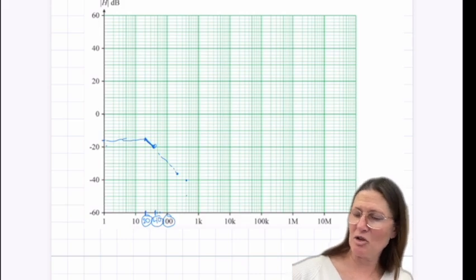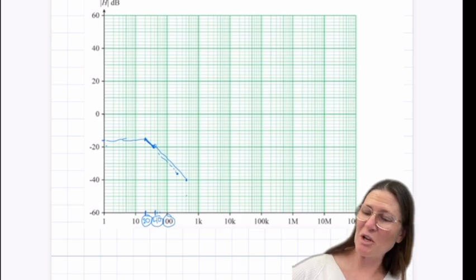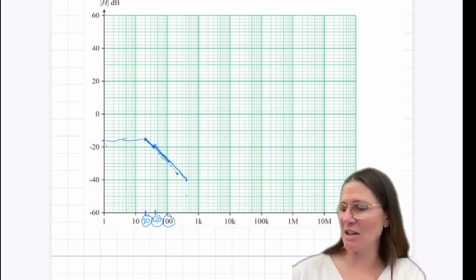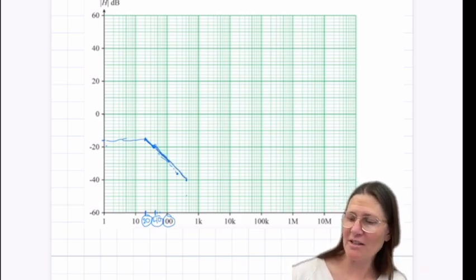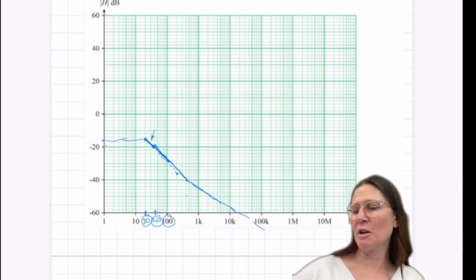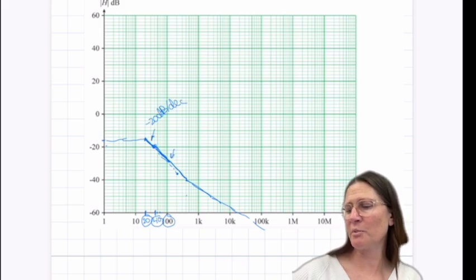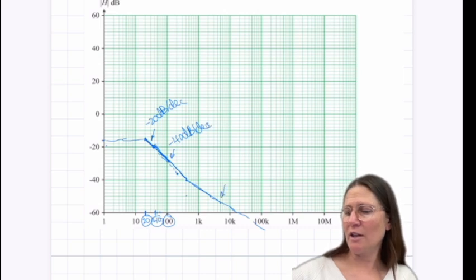It's hard to draw this, but it will go down a little bit more, and then it's going to go not quite as steep for the rest of it. So this would be minus 20 dB per decade change. This would be minus 40 dB per decade change.